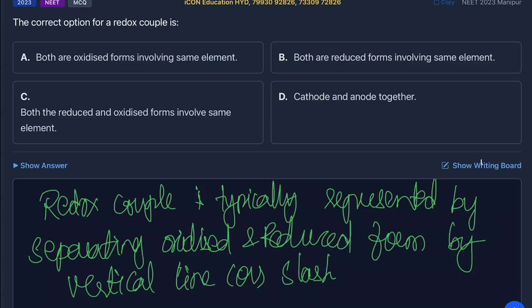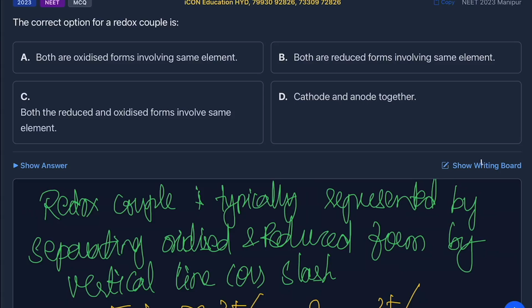What is the example? Examples like Zn2+/Zn and Cu2+/Cu. Here, both the reduced and oxidized forms are of the same element.